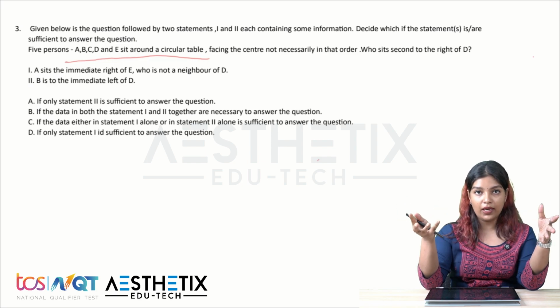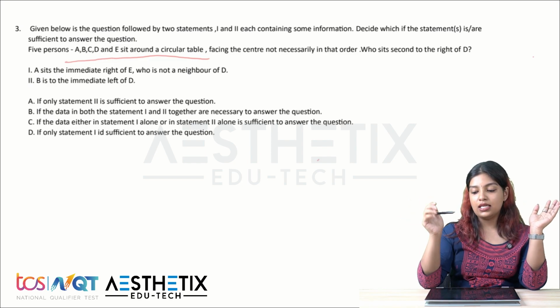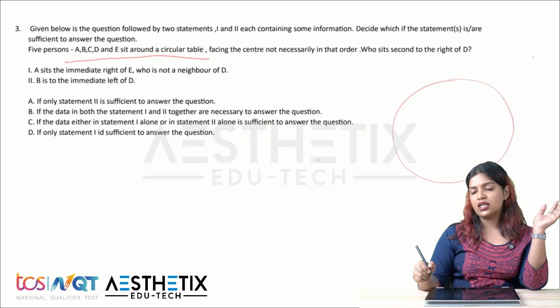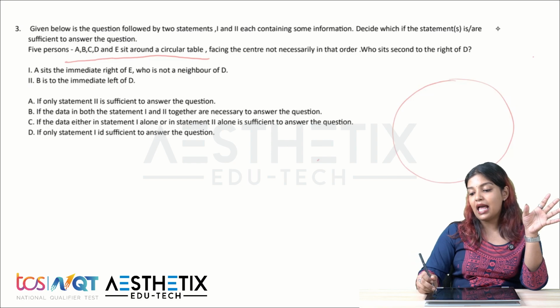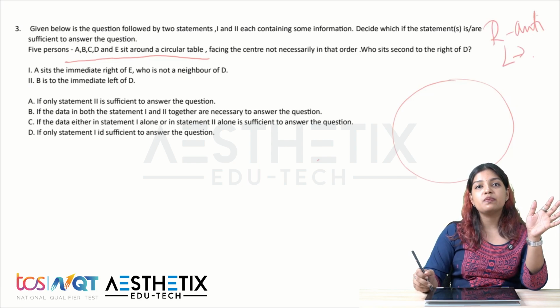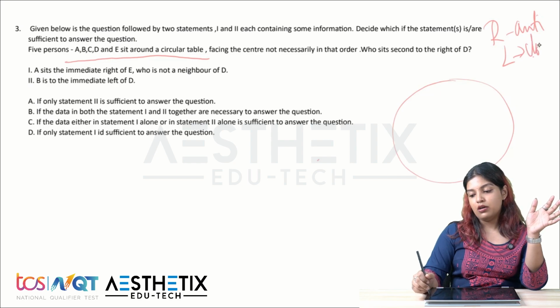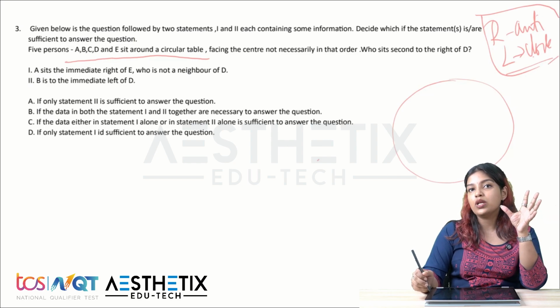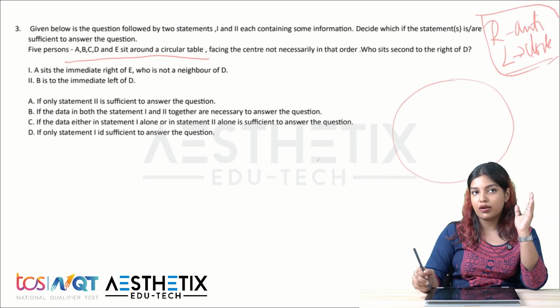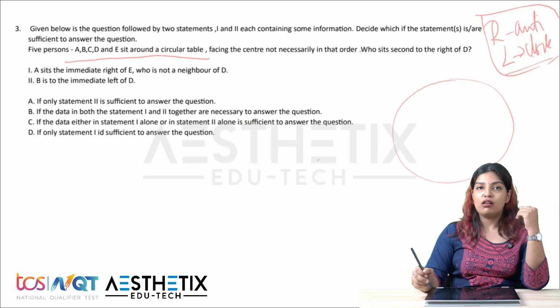In such a case we have to consider the right of every single person around the table. The right will always be taken in the anti-clockwise direction, and the left of every single person will be taken in the clockwise direction. This is something you have to keep in mind. It is a tip. If you instantly remember this when there is a circular arrangement question, or people around a table for a meeting, you can easily solve the question.